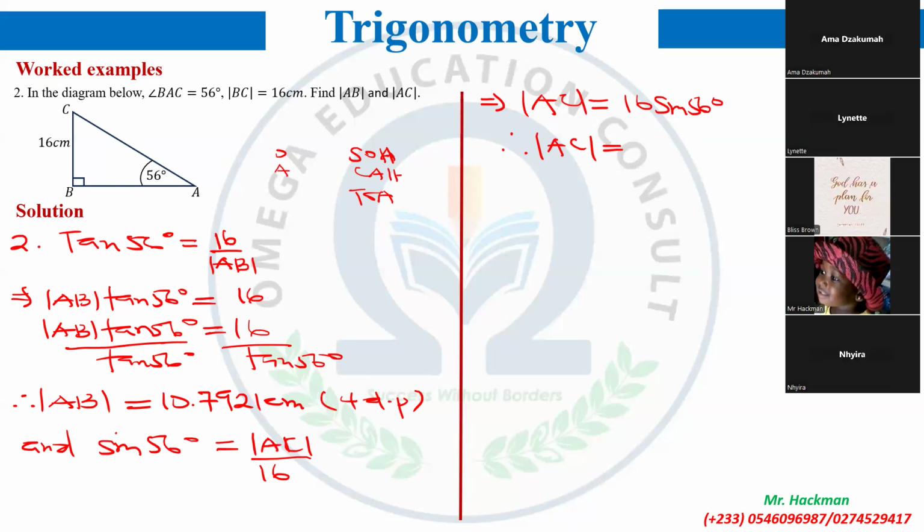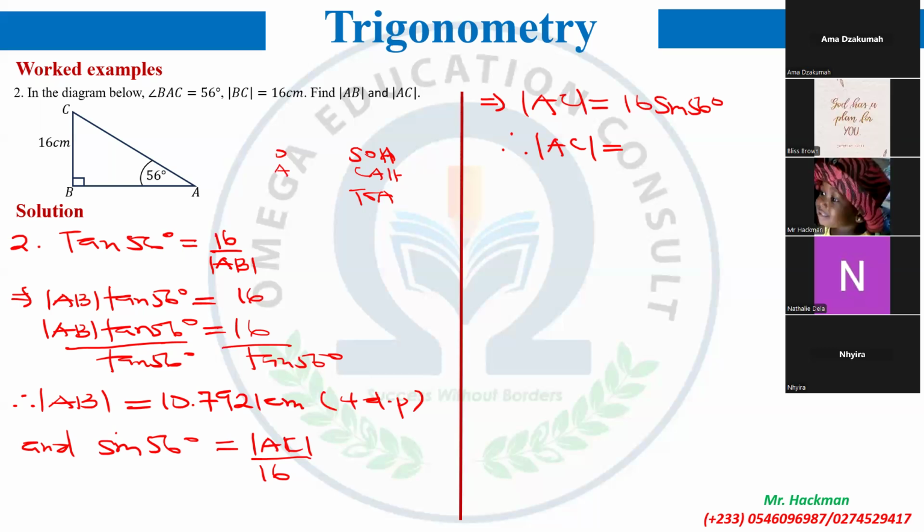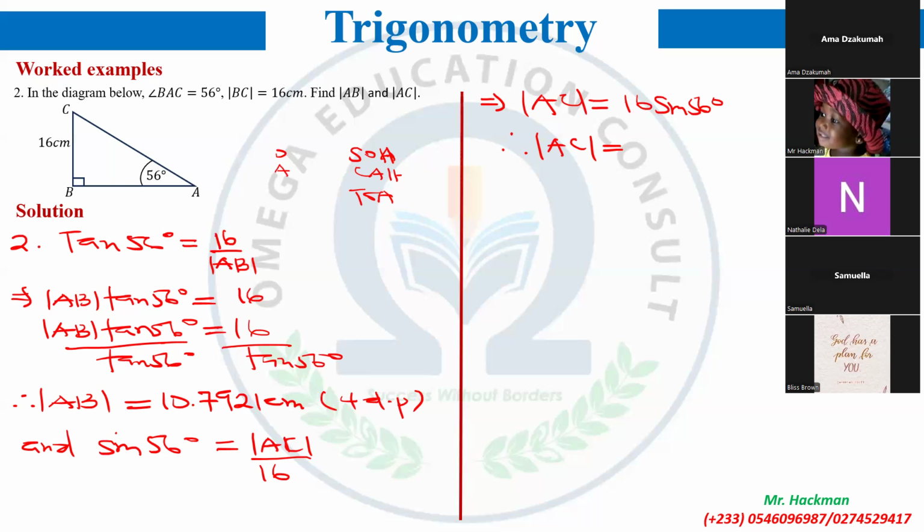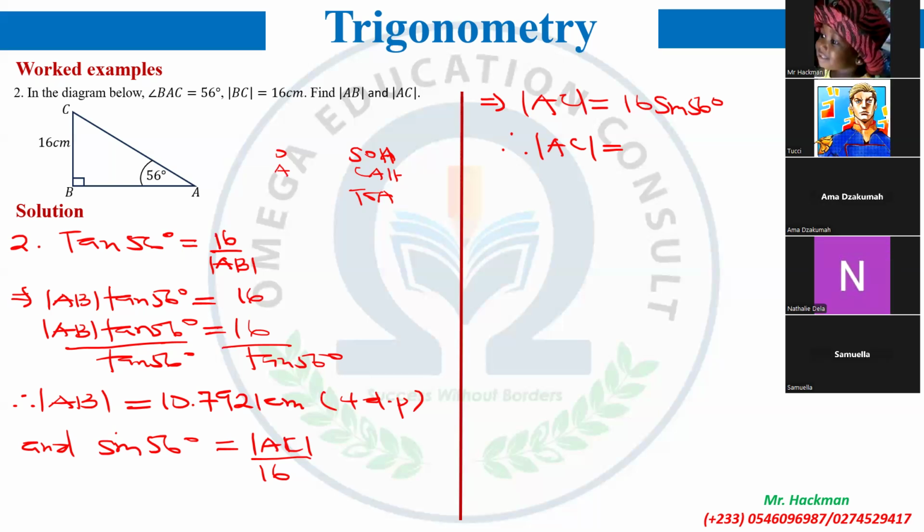But if you put the hypotenuse first, very good. So this is where you have to be very, very careful. Once you know your trig ratio, the first one is supposed to be the numerator and the second one must be the denominator. So once you write it this way, you shouldn't get it wrong.